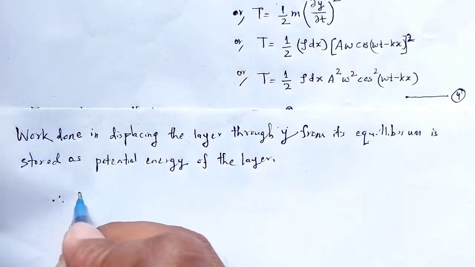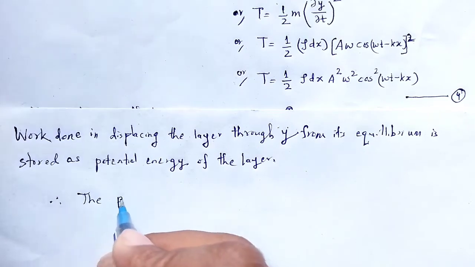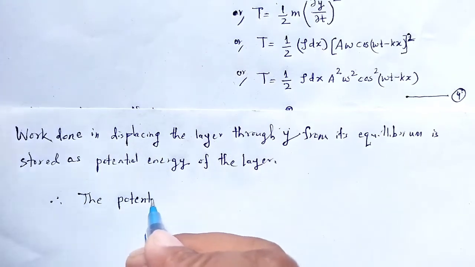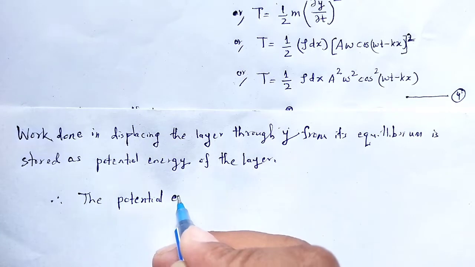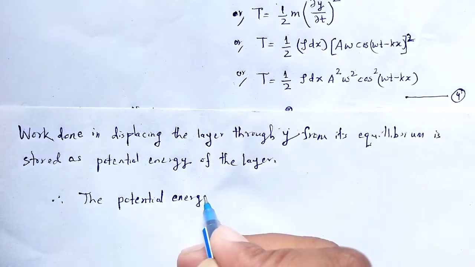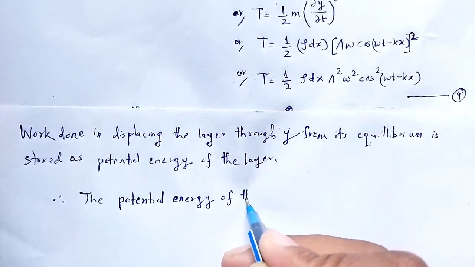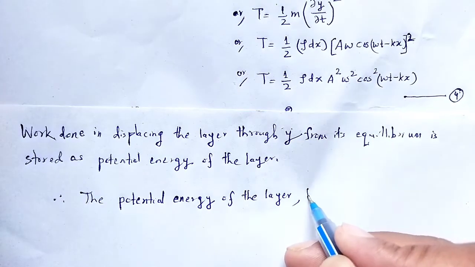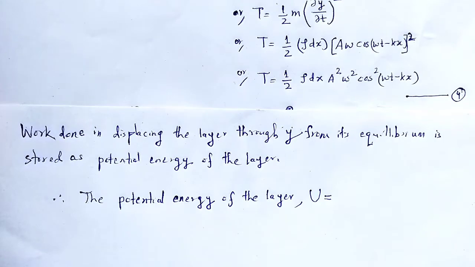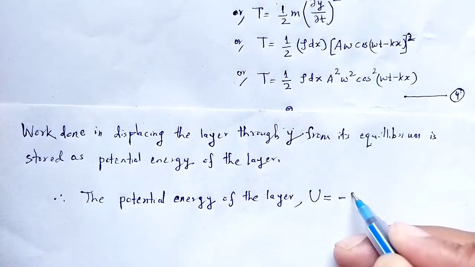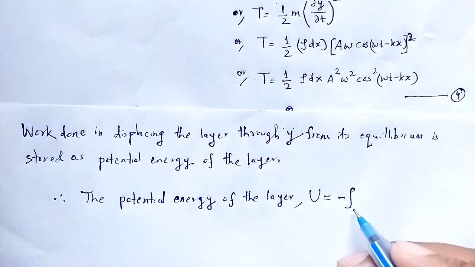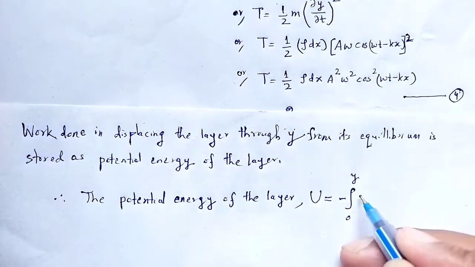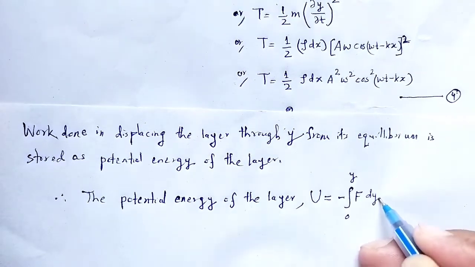Therefore, the potential energy of the layer, U, is equal to minus the integration from 0 to y of f dy.